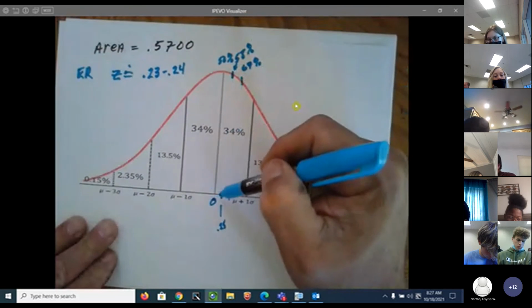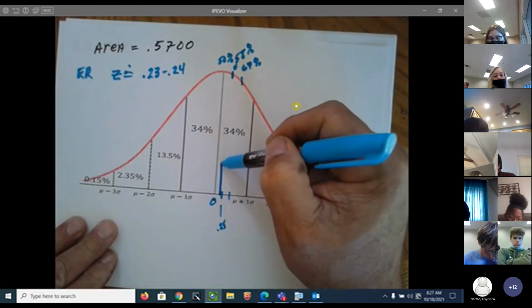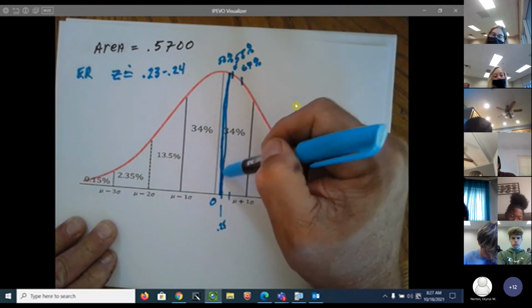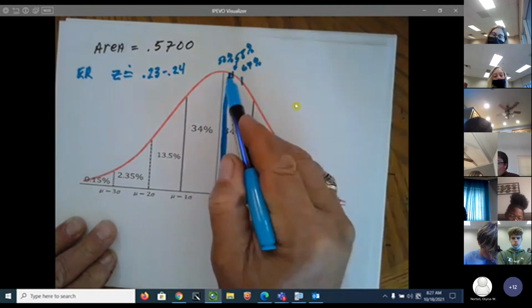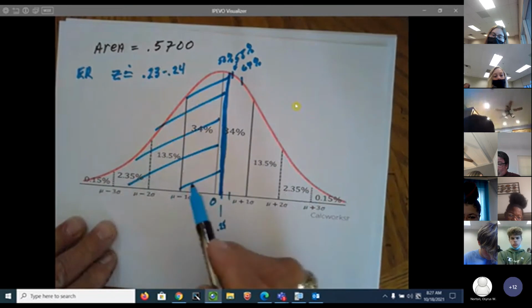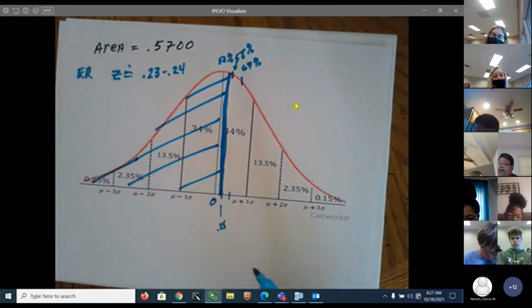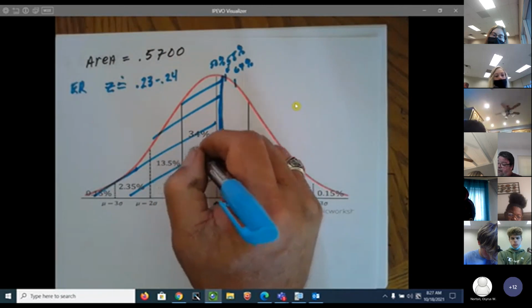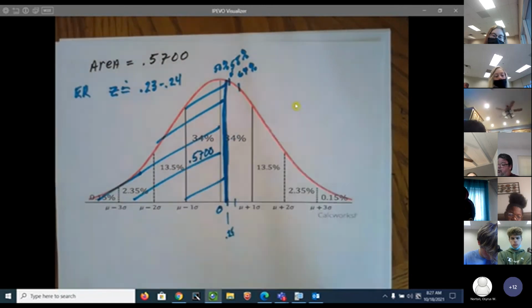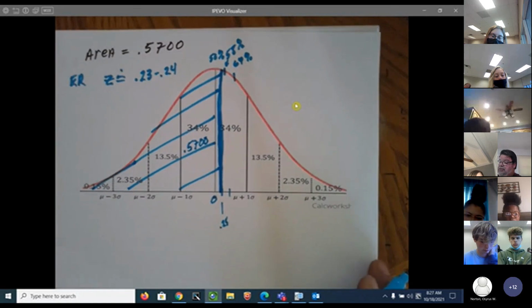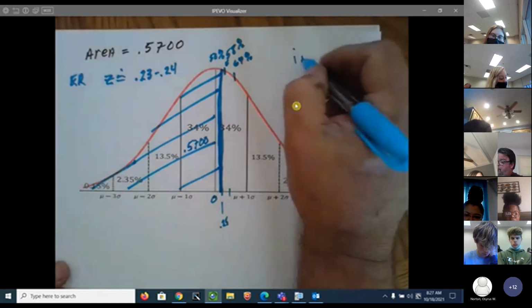So I'm going to put my line right about there. And this right here, because which way do we read? Left to right, so that will be 0.5700. So how do you do it on the calculator? Well, we're given an area, and you got to find a z-score. We're going to use inverse norm.